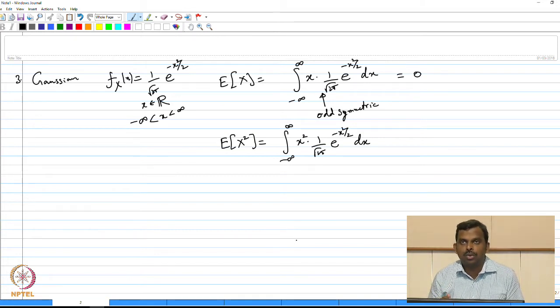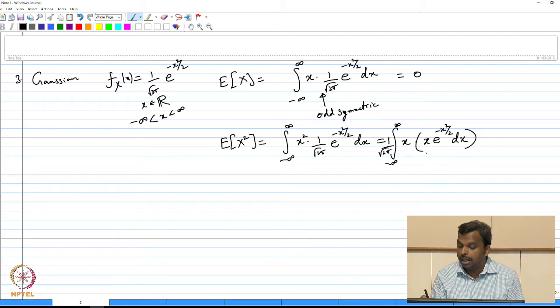Different people do integration by parts differently, but this is the way I like to do it. You integrate from minus infinity to infinity, keep x here, and the 1 by root 2 pi plays very little role, so let it be as it is. What you will have left is x times e to the power minus x squared by 2 dx.